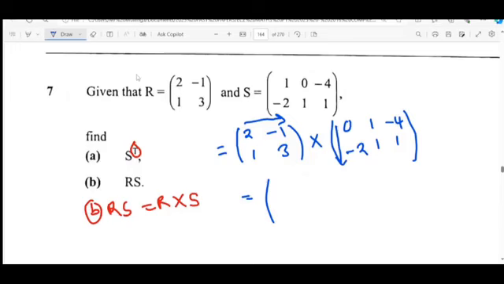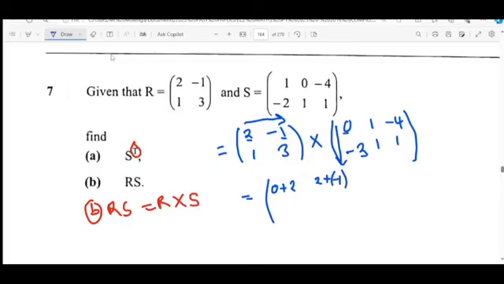We multiply 2 times 0, which gives 0, plus -1 times -2, which gives positive 2. So it's 0 plus 2. That is our first entry. Again, row by column: 2 times 1 in the middle gives 2, then plus -1 times 1 gives -1, in brackets.